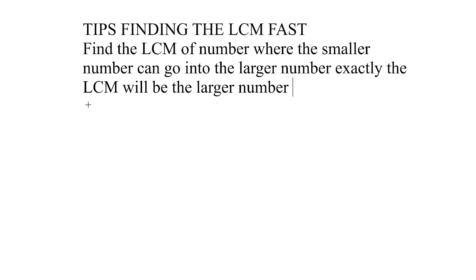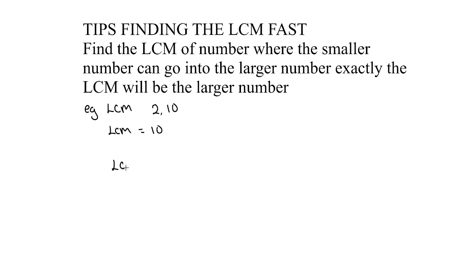We have to find the LCM of 2 and 10. We first ask ourselves, can 2 go into 10? Yes, 2 could go into 10 5 times. Right, so because 2 could go into 10, therefore my LCM will be my larger number, which is 10.